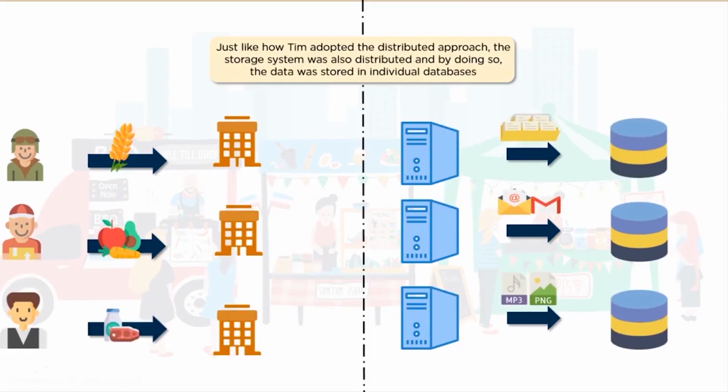So just like how Tim adopted the distributed approach, the storage system, which was a bottleneck, was also then distributed. In this way, your data could be stored in individual databases or on individual machines on their disks. However, it could be accessed from one place.